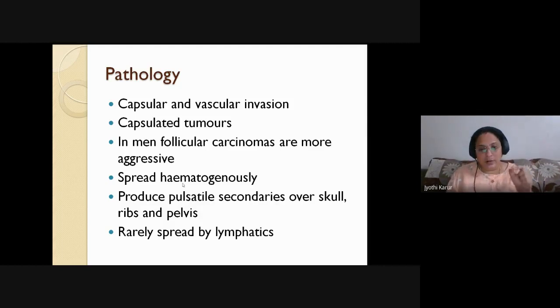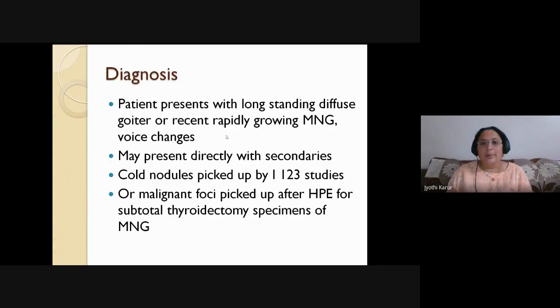To summarize: follicular carcinomas occur in middle age and spread by the hematogenous route. A patient presents with a long-standing diffuse goiter, or one that is recently rapidly growing, with voice changes. As you have read in your clinics, your teacher might have taught you, for any patient with a recent change in voice or rapid growth, you have to suspect two things: one is hemorrhage inside the goiter, or malignant transformation, where there is a sudden increase in size.